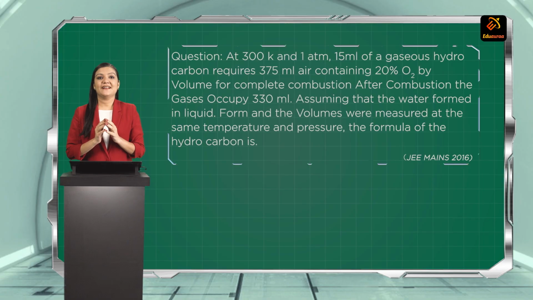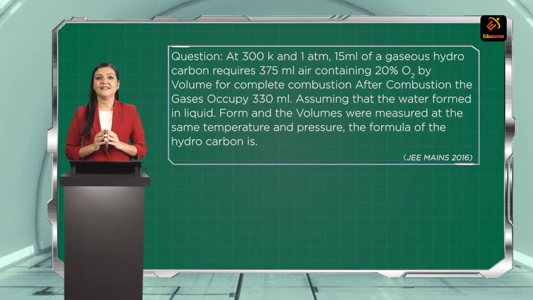The question is: at 300 Kelvin and 1 atm pressure, 15 ml of gaseous hydrocarbon requires 375 milliliters of air containing 20% oxygen by volume for complete combustion. After combustion, the gases occupy 330 milliliters.